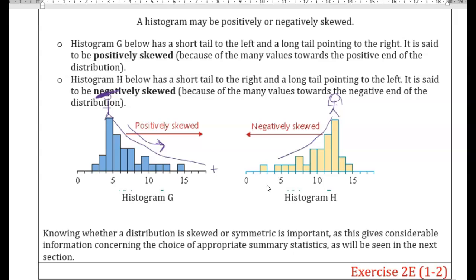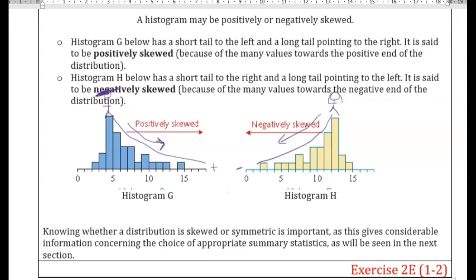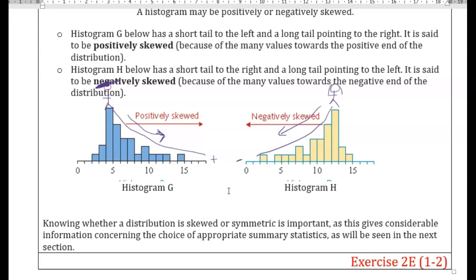She is going down the slide on this side, and she is going in the negative direction. So that's how I always remember it. Someone's just standing on the top of that histogram and sliding down. And in which direction are they sliding? They're either going in the positive direction or they're going in the negative direction. Okay, so that's how you can remember whether it's positively skewed or negatively skewed.